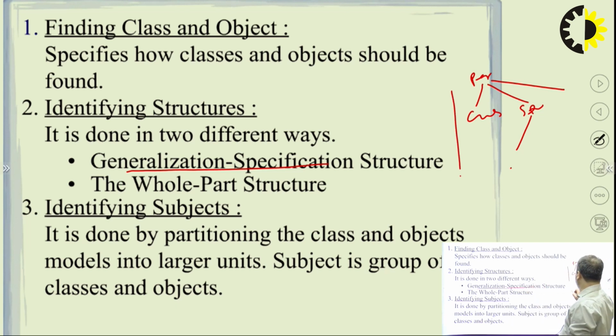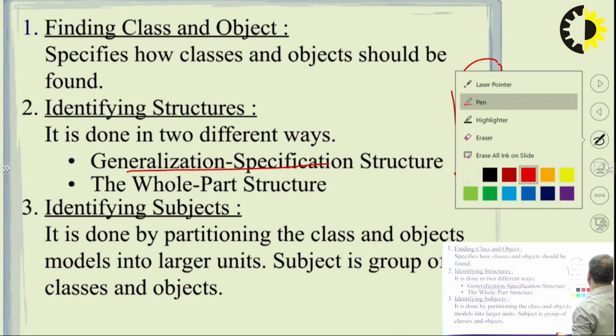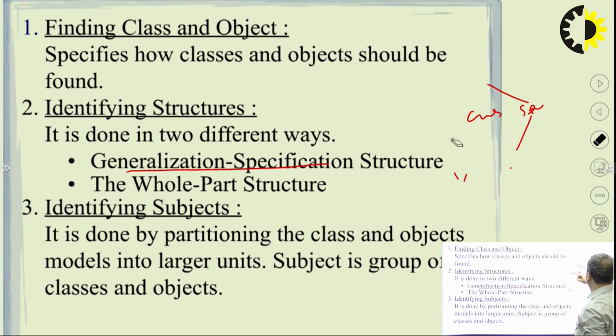So this view from top to bottom is specialization. Then generalization-specification and the whole-part structure, where this is the whole and this is the part. So this is also used.